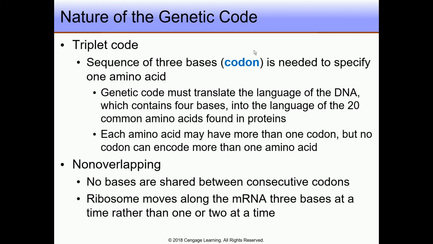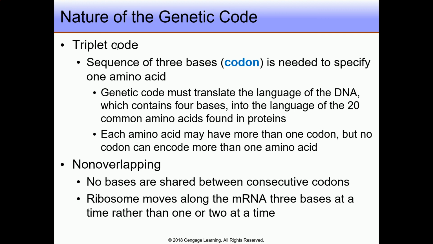So the information is coming from DNA, and the three bases, three ribonucleotides on mRNA, form one codon. Every codon, which is a set of three bases, we also call a triplet code, and it codes for one amino acid. That one amino acid is brought by a transfer RNA.